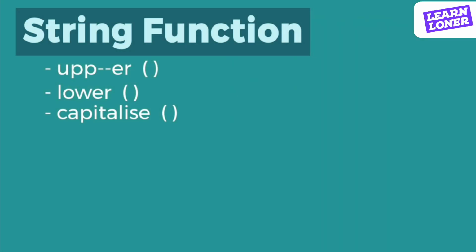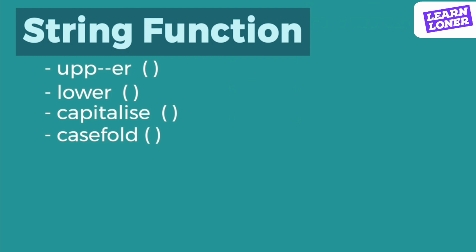The next thing we have is the capitalize function. The capitalize function will give you the first letter of the sentence capitalized. We can also use another function, the casefold function. The casefold function will also give you all the characters in lowercase. But the difference between lower and casefold is that you can use casefold for a large amount of string data, whereas lower will be limited to some specific data.